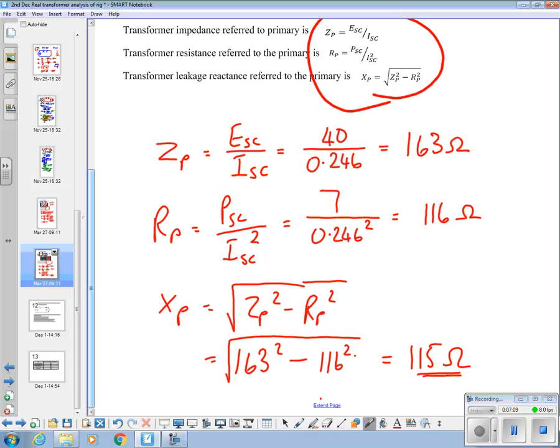So what we're going to do now is transfer those values onto the model and go through the same process we did with the example question to find out what's going on with this secondary, what the power input and power output are, see if we can find what the efficiency of this transformer is, and then go and measure those results and see how close we are.